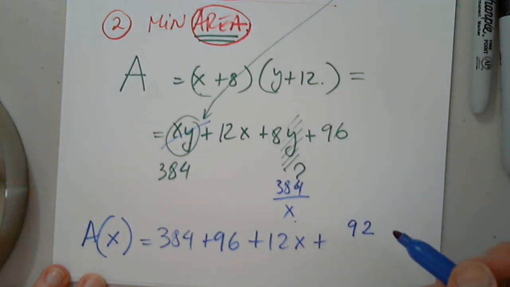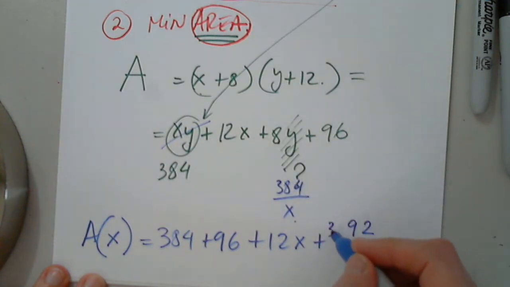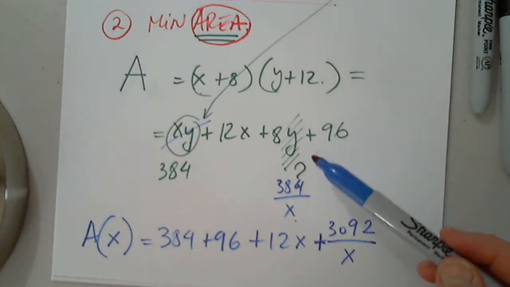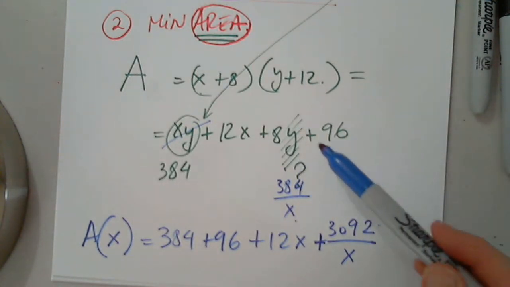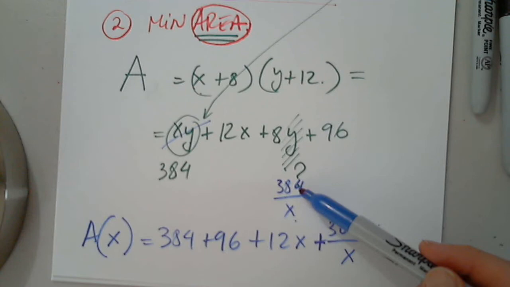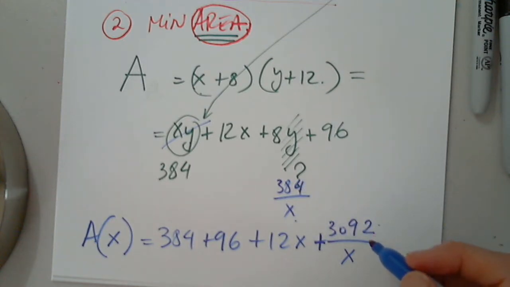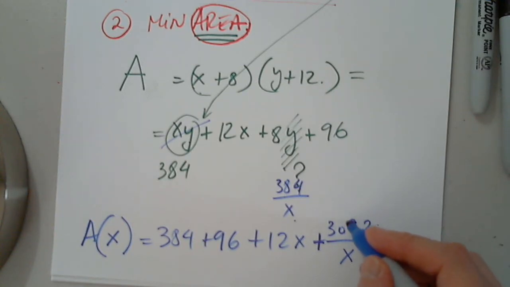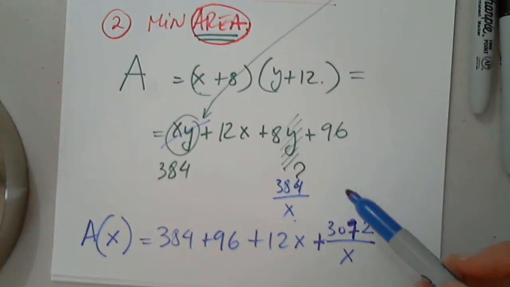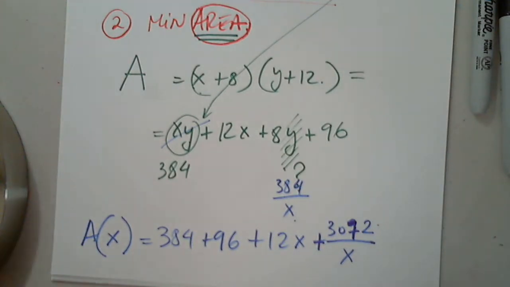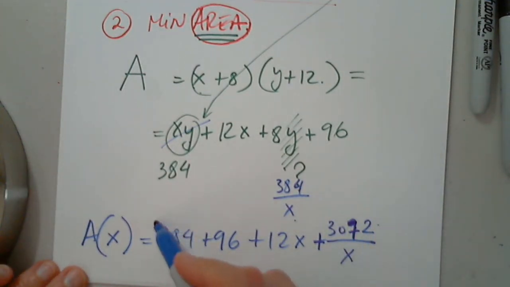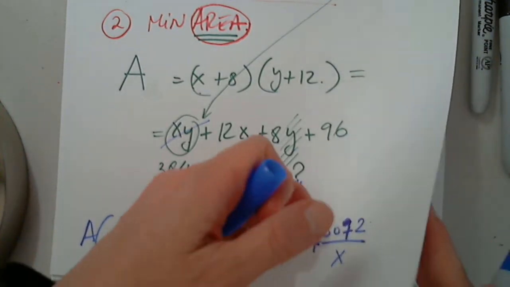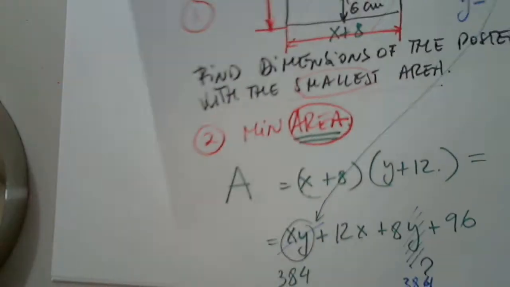8 times 384, 3072. Is this correct? Please check my numbers. Let me do this again. No, 3072, right? Correct, 3072. Okay, thank you. Very good. Okay, so I don't care to add these two, but I can, of course, because we're going to differentiate. And it will go away anyway.